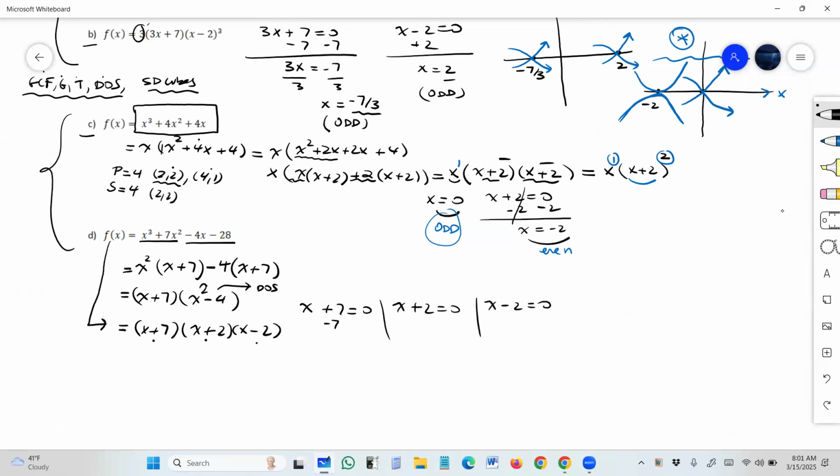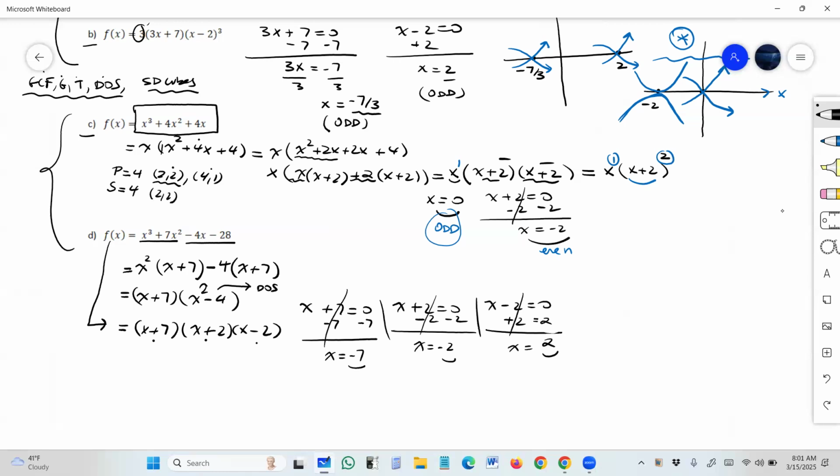Solve each one. So minus 7 here, obviously. This is one root. Minus 2 here. And plus 2 here. Obviously this is supposed to be 2. So here are the roots.